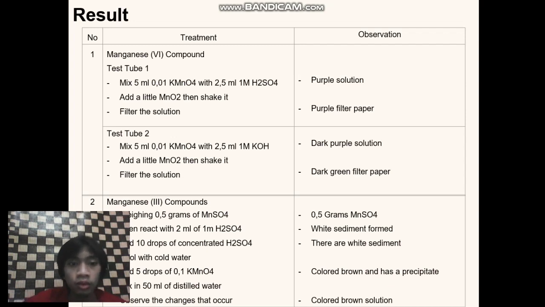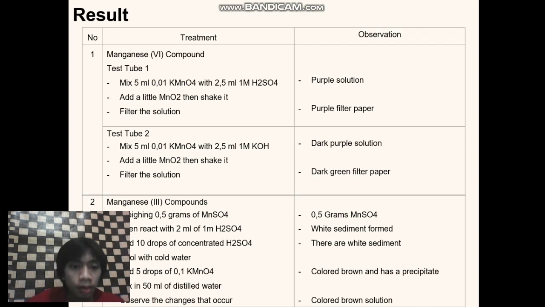In test tube 2, mix 5 ml of 0.01 M KMnO4 with 2.5 ml of 1 M KOH. The observation: dark purple solution. Add a little manganese dioxide, shake it, and filter the solution. Observation: dark green filter paper.